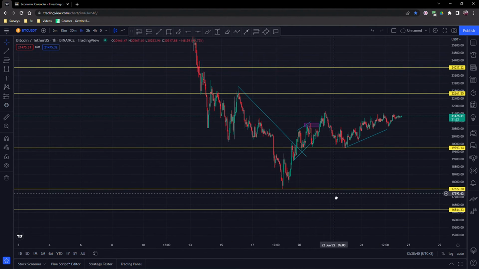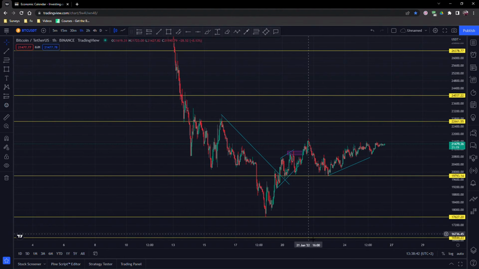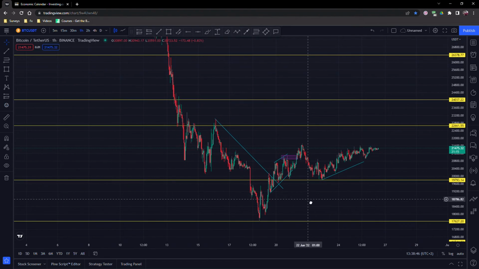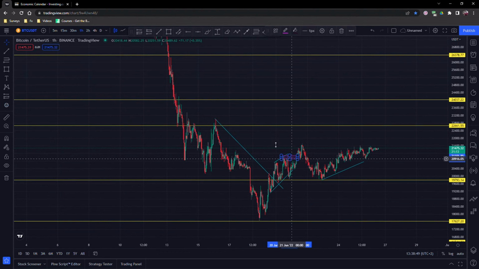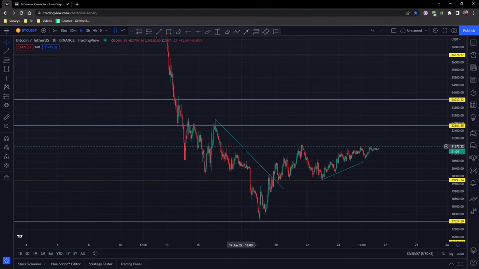This was the lowest of the lows since the bullish market started for Bitcoin. And now we can see that this one is no longer valid. Let me just remove this one and this one as well.